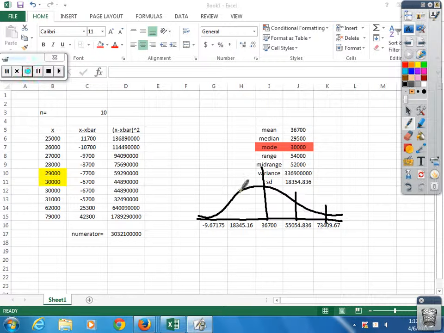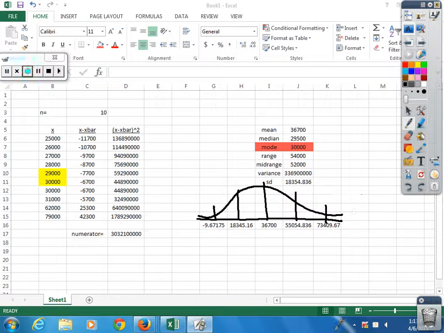What was the answer for the standard deviation? 18,354.84. So what does this say? Basically, 95% is going to fall within 2 standard deviations.